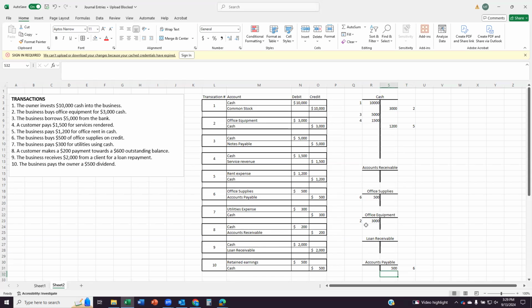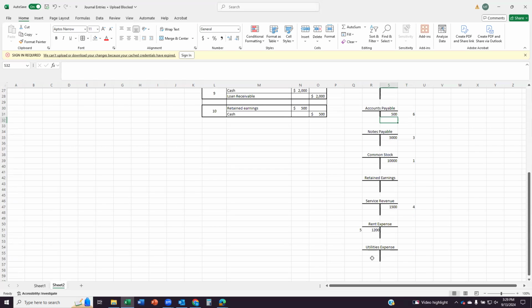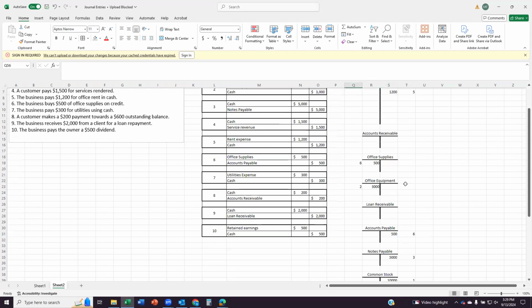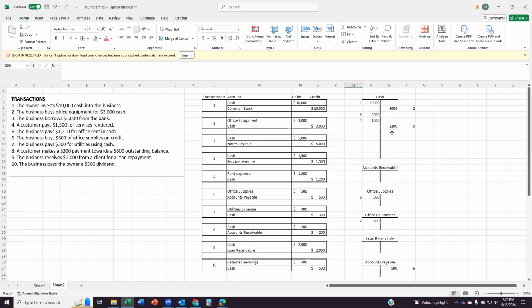Transaction seven, we'll debit utilities expense 300 and we'll credit cash 300. Transaction eight, debit cash 200 and we credit accounts receivable 200.